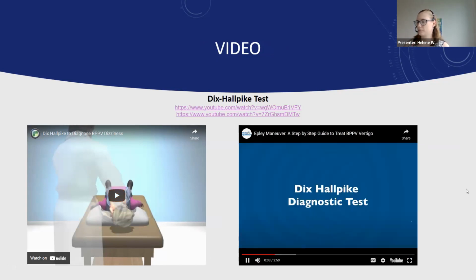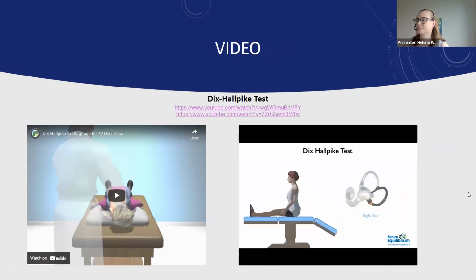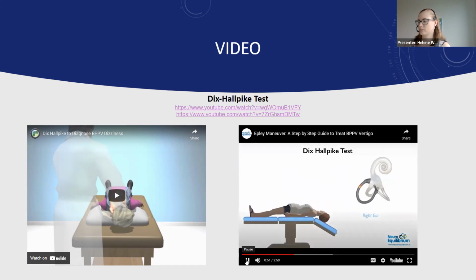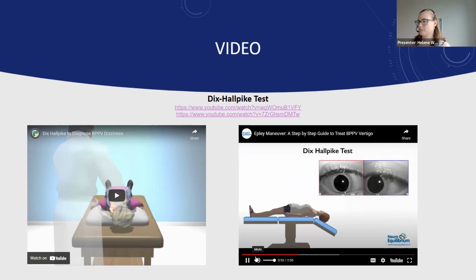The Dix-Hallpike test is used to diagnose this condition. The patient is asked to sit on a bed with legs straight ahead. The head is turned by 45 degrees. The patient is then taken down to the head hanging position 30 degrees below the bed. This can also be achieved by placing a pillow under the shoulders of the patient. Look for nystagmus.